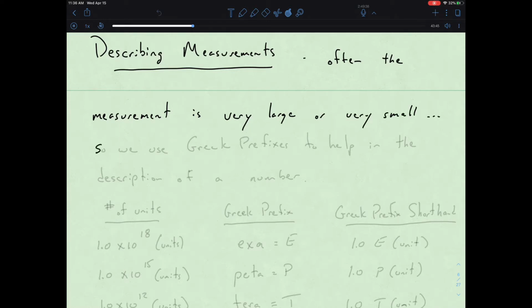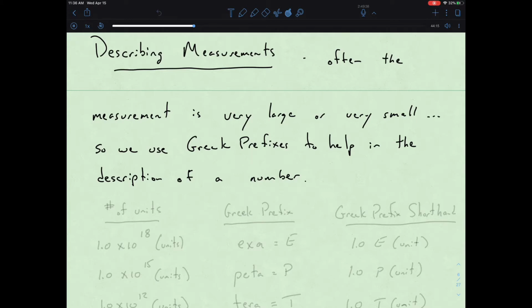So we use Greek prefixes to help in the description of a number.